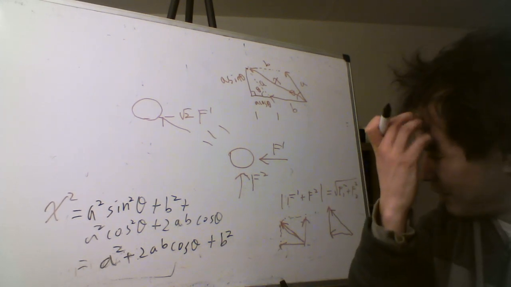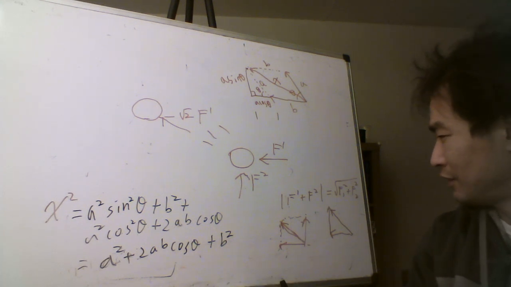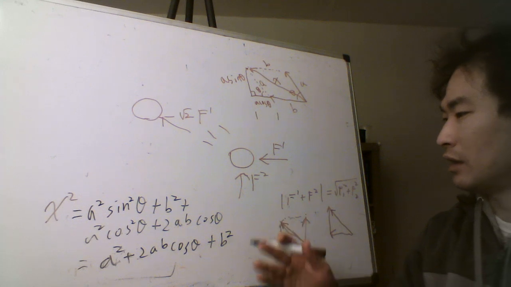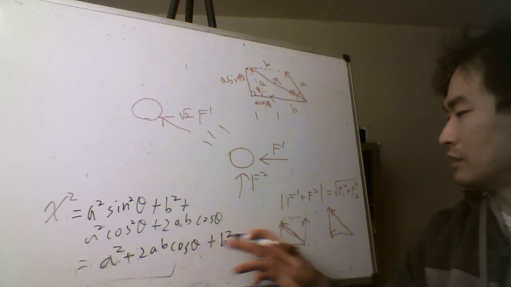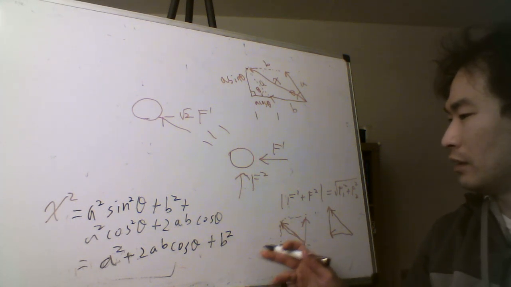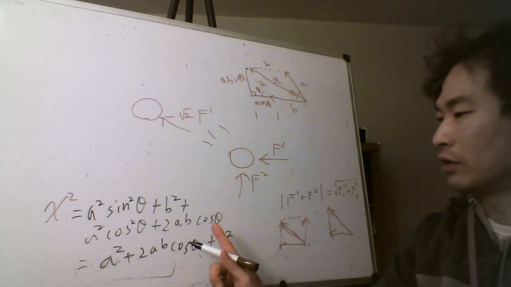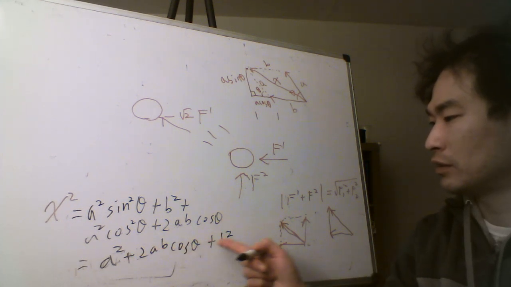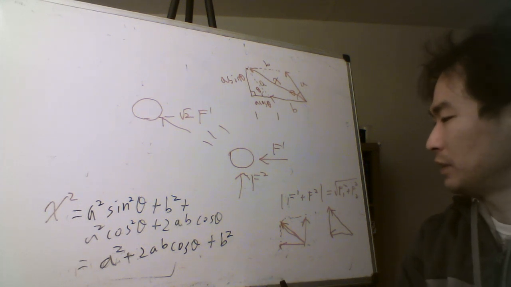Is this right? I thought it was sine. Was it? I don't know. Okay, let's say what if theta is 0? Alright? Then cosine theta is 1. So yeah, A squared plus 2AB plus B squared is A plus B squared.